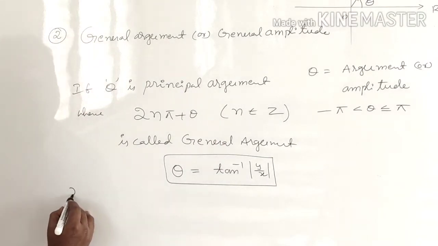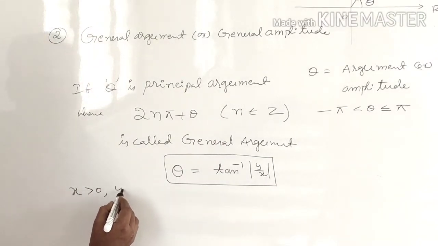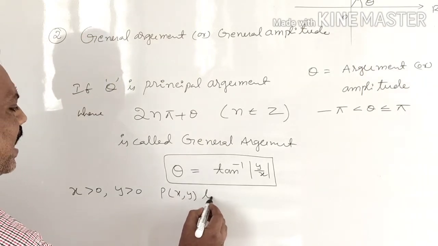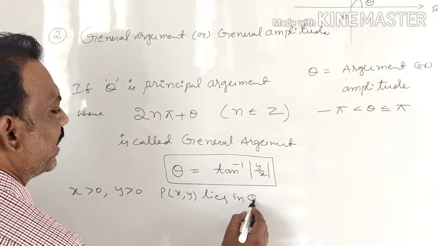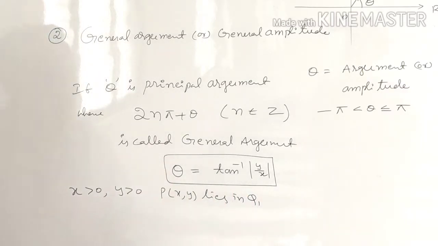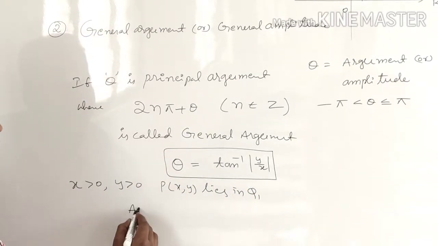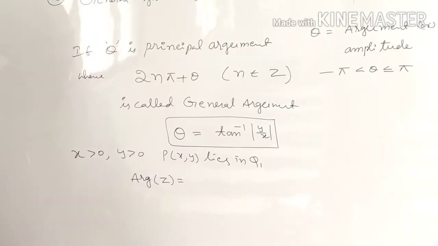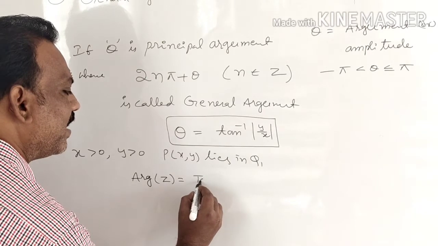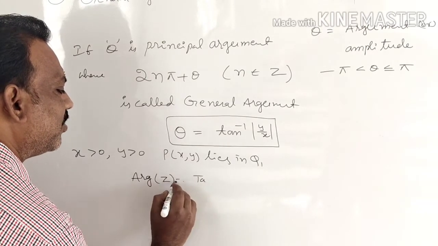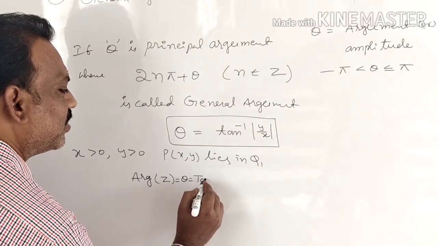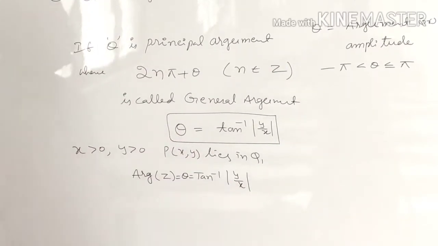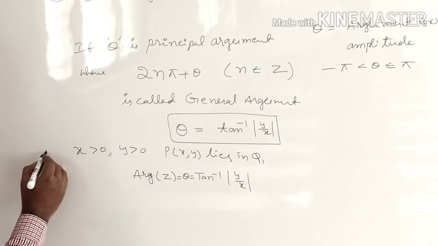If x is greater than 0 and y greater than 0, so P(x, y) lies in the first quadrant, the argument of z, that means the complex number, denoted by theta, is equal to tan inverse of mod y by x. This is the formula in the first quadrant.